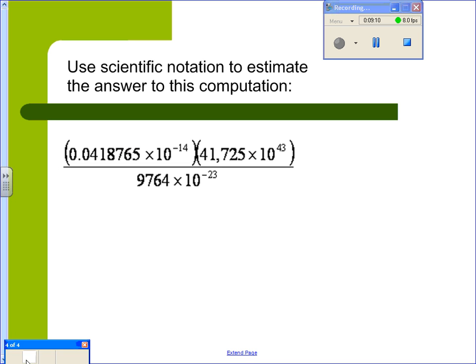See if you can correctly estimate the answer to this problem. A lot of numbers.